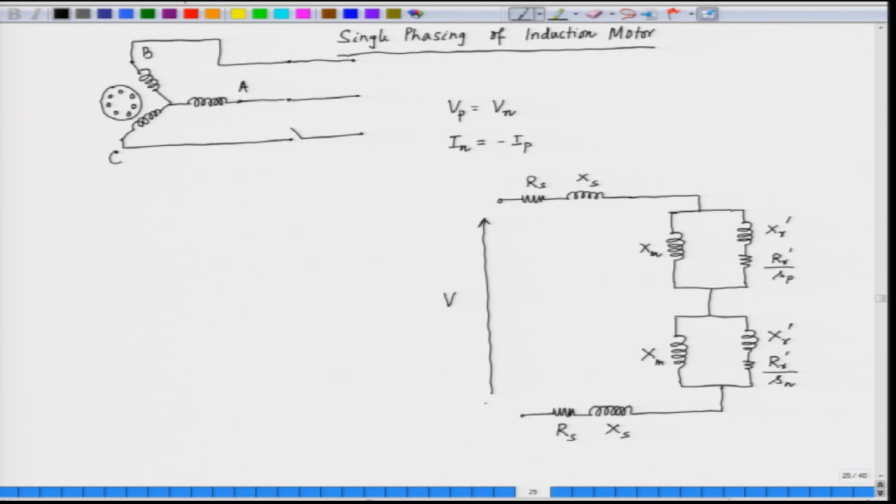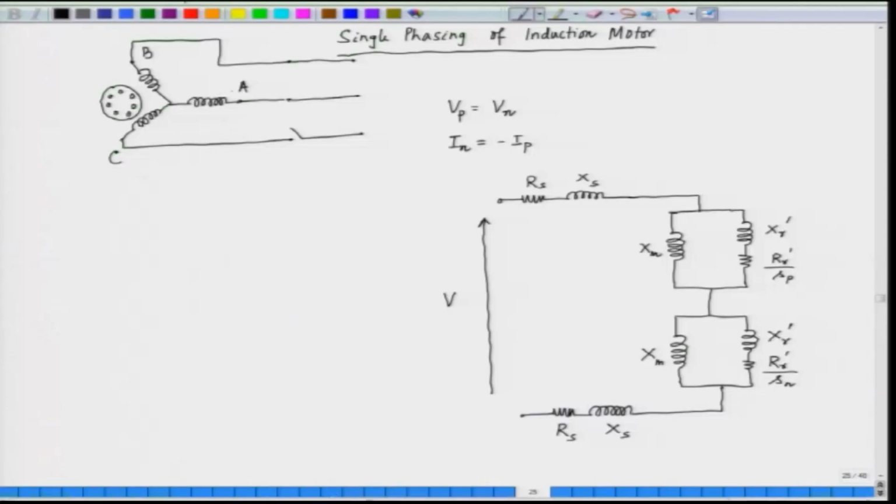Now, one thing has to be noted here, that when we open circuit one phase, it is basically a single phase induction motor. So, we have a forward field and we have a backward field. This is no longer a 3 phase machine, because one phase is open circuited. So, this is a single phase induction motor, and that is why we call this single phasing of induction motor.